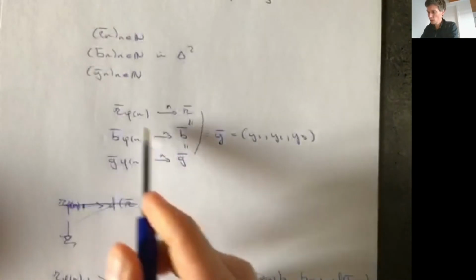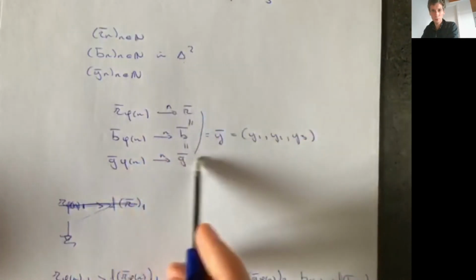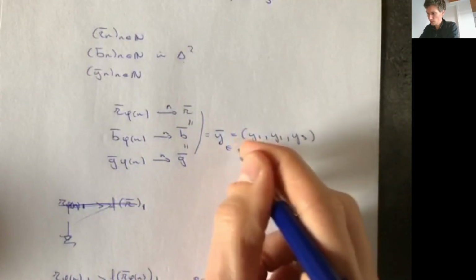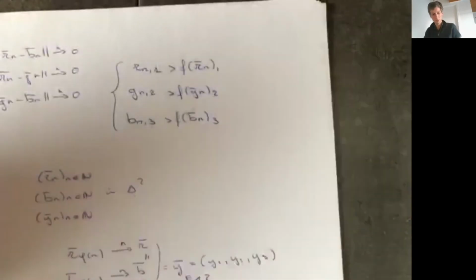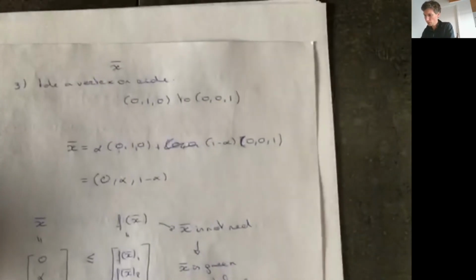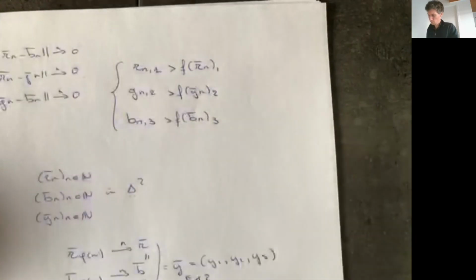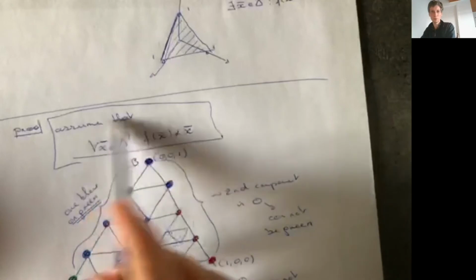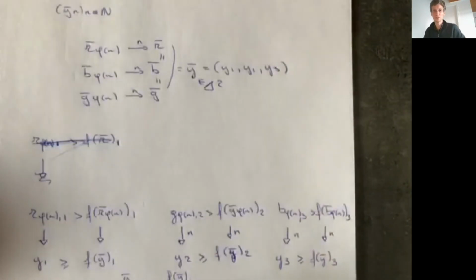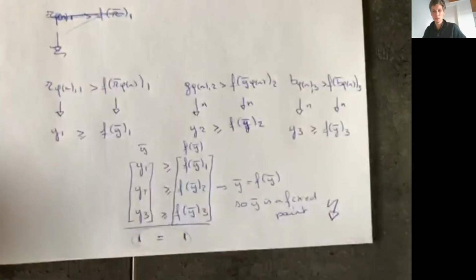Okay, and because here we are dealing with a compact set, we know that the limit is in delta 2. So y is a fixed point, it's in delta 2. So this should be a contradiction, because at the very beginning, yes, here it is, we assumed that there was no fixed point. Okay, so this is the desired contradiction that we wanted to show.